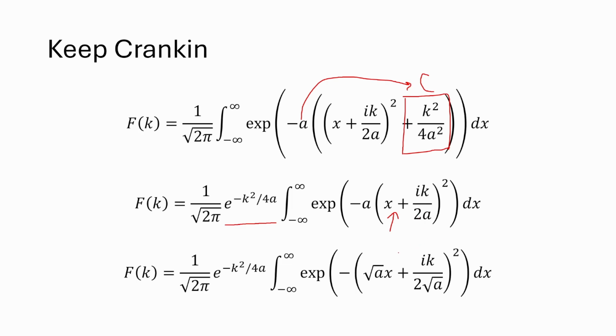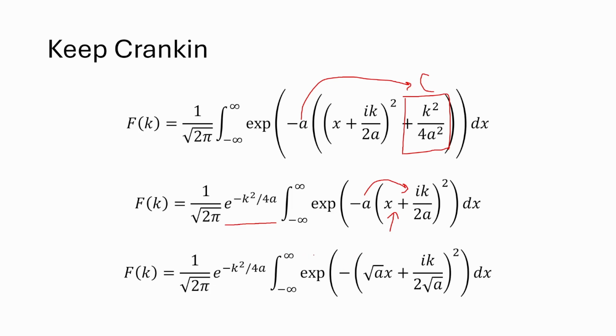Anyway, what I've done in this next line is just to pull the a coefficient inside the squared term. That's just going to give us a little bit less stuff to keep track of as we go through the integration.